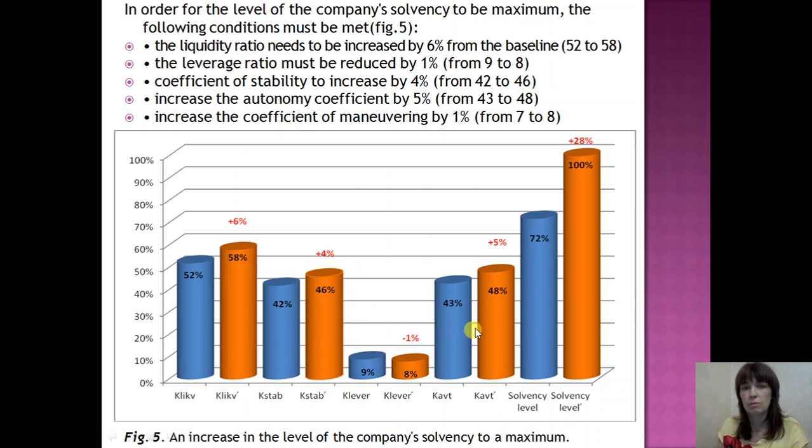Increase the autonomy coefficient by 5%, from 43 to 48. Increase the coefficient of maneuvering by 1%, from 7 to 8. And this leads to solvency being maximum, 100%.